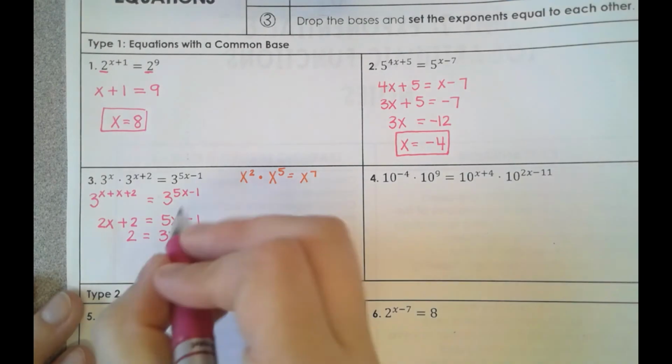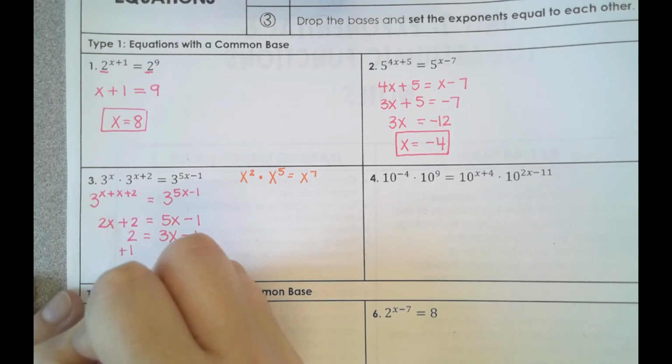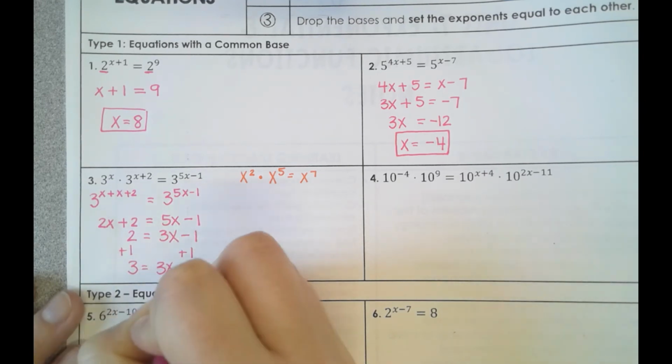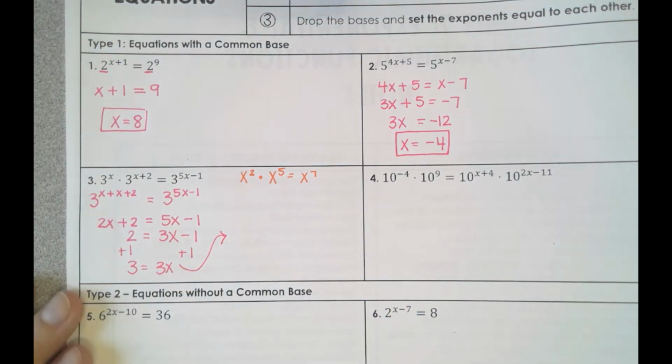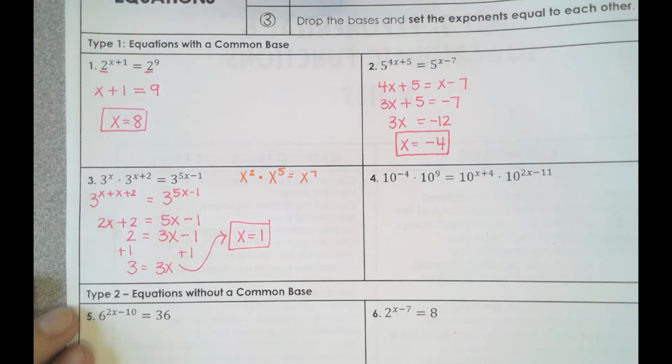Adding 1 to both sides, 3 equals 3x. So x equals what? 1.